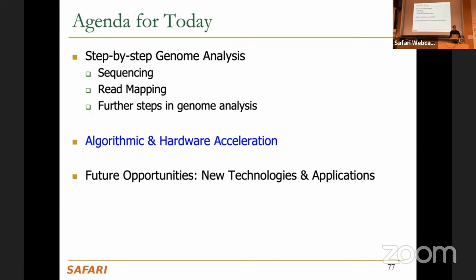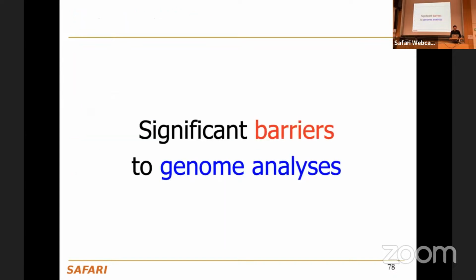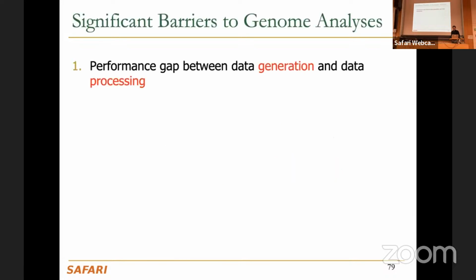Okay, so in the relatively second half of this lecture, we're going to cover the algorithmic and hardware acceleration works for accelerating genome analysis. But before that, we need to understand that there are significant barriers to achieve fast and efficient genome analysis.